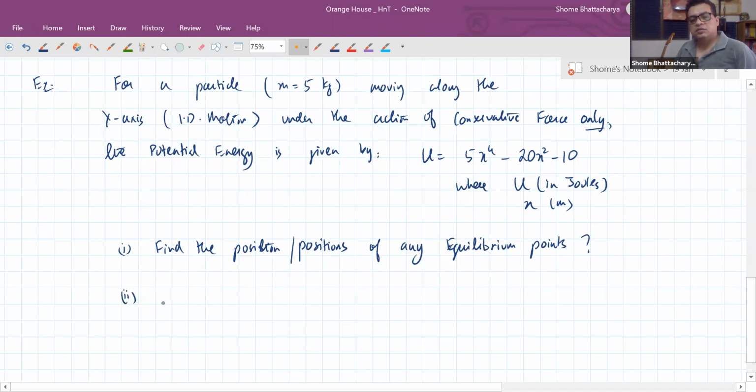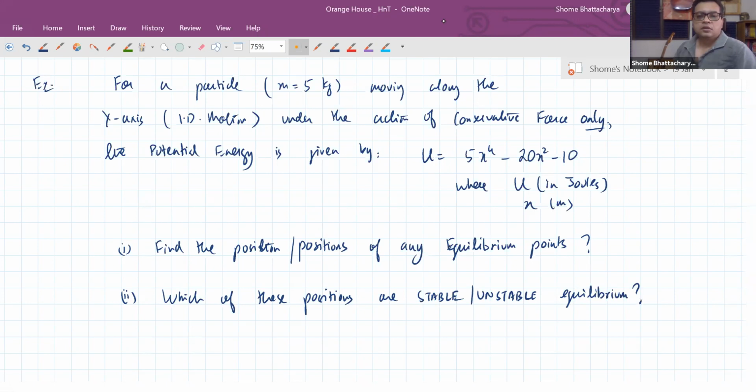And secondly, which of these positions are stable or unstable equilibriums? Okay, so just start with this question. We will discuss.